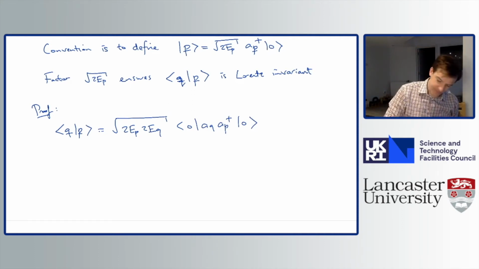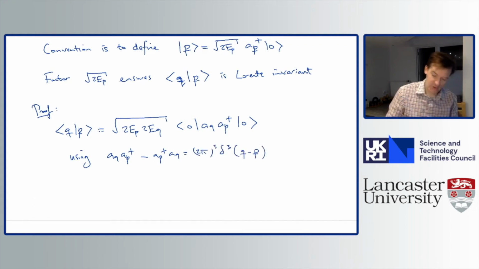Okay, and now we want to use our familiar commutation relation, to follow this kind of strategy of bringing my annihilation operator to the right-hand side, so that when it acts on the vacuum state, I get a factor of 0, and that bit just cancels. Okay, so let's do that.